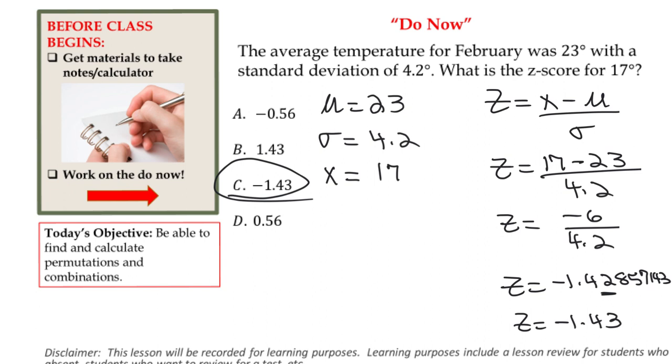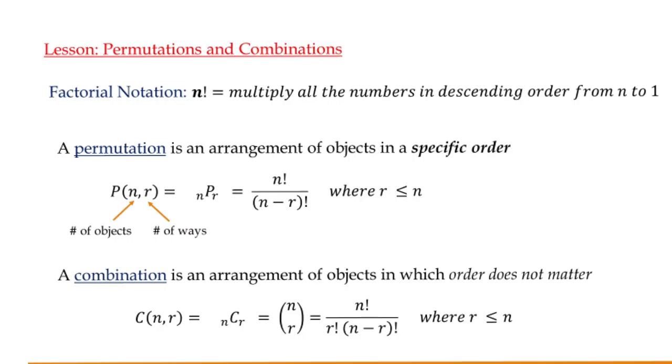Our new lesson is going to be finding permutations and combinations and calculating permutations and combinations. All right, in permutations and combinations, we're going to be using a notation that is called factorial notation. This is shown as n, and it looks like an exclamation mark afterwards.